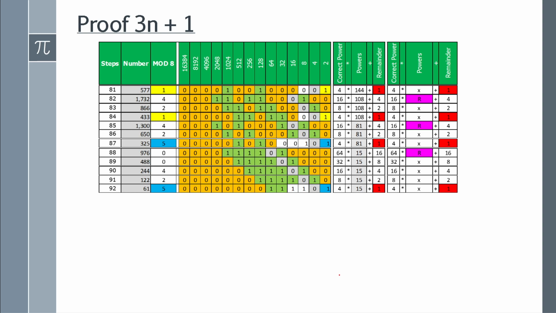The closer we get to the number 1, right? The power of that number is decreasing. So we're doing 4-2-1 loops, but it's 108, 4-2-1, 81, 4-2-1, right? And then we do a bigger loop, but it's 15, 16, 8, 4, 2, 1.